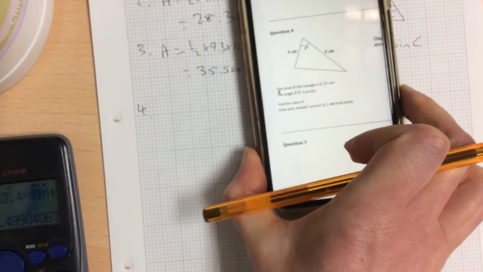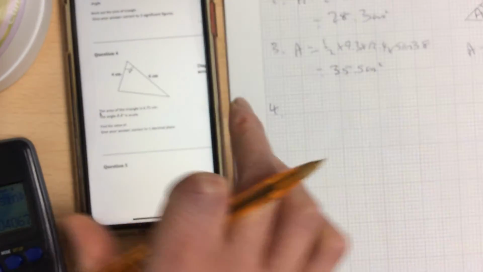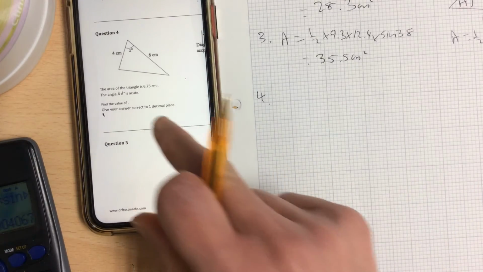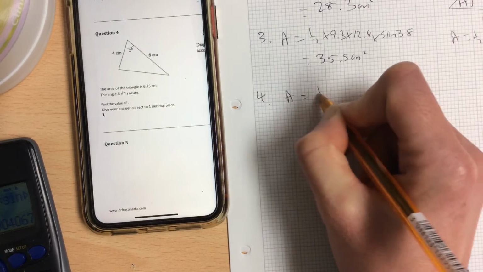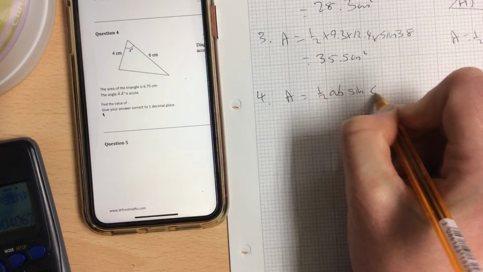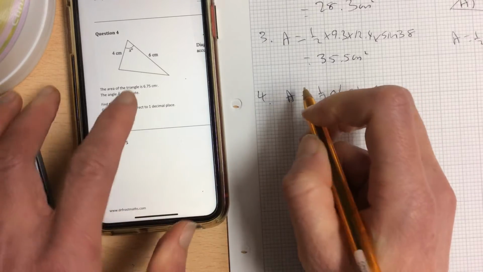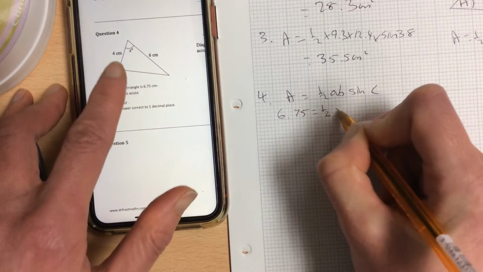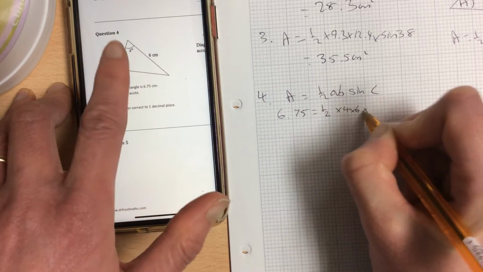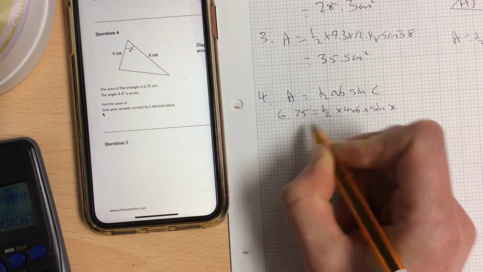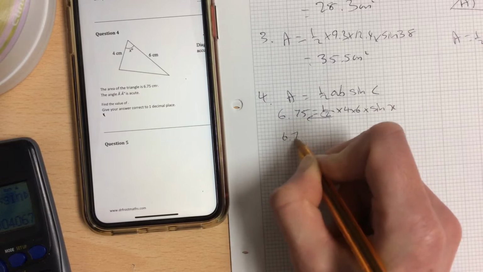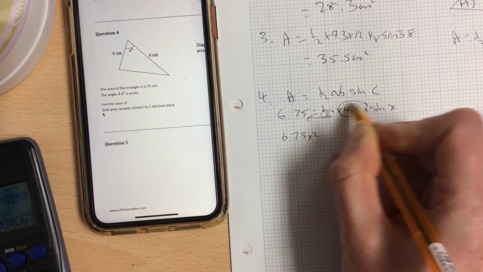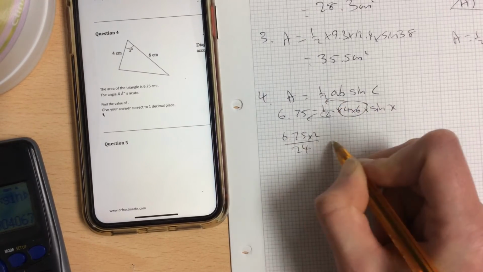Number 4. Area equals a half AB sine the angle between them. This time I'm told the answer to the area. So just pop it underneath area. It's a half the two sides times sine the angle between them. So bring your 2 across and multiply. Bring these numbers over. 6 4s are 24, so divide by it.